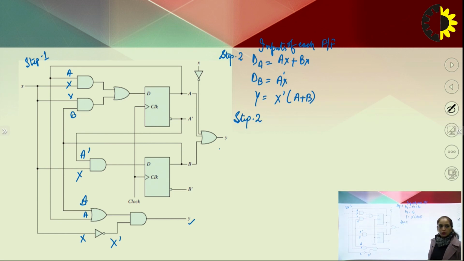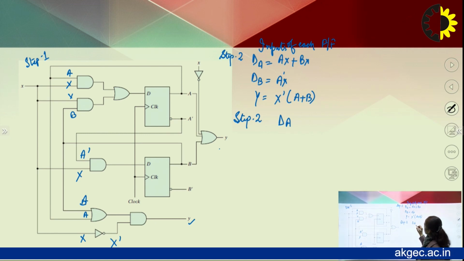So step 2, we have to find out the outputs. We are using D flip-flop, so the same inputs will be reflected back to the output. So DA is A plus; here your output is defined by A. So the next state output, I am going to define it by A plus.